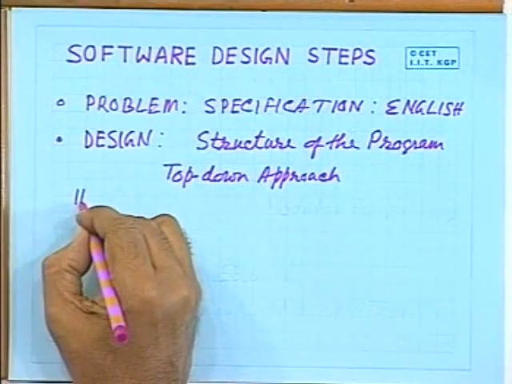In the top-down design approach, you divide the problem into a few simpler sub-problems. Then again each sub-problem is divided into a few simpler sub-problems. It is like a divide and conquer approach, and this can be represented with the help of a hierarchical diagram.